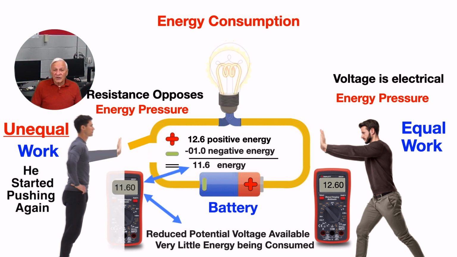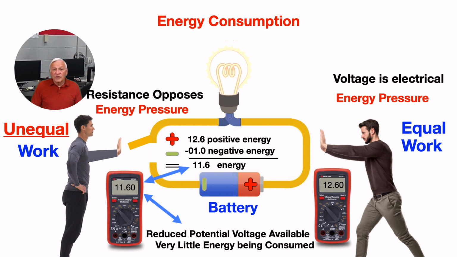Now if the resisting negative energy pressure increased, but still not equal to the positive energy pushing pressure, some of that positive energy pressure would get through, but not the full amount. So the light would light up, but it would be dim. The positive energy pressure would be partially consumed.